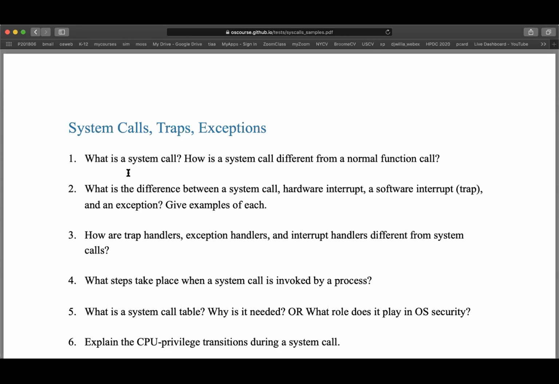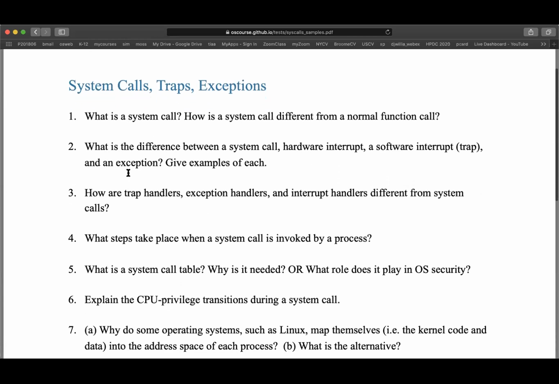When you make a system call, what happens to the process state? What if the process has to block for some event? Then how is that handled? So relating these together, system calls are one of the mechanisms by which OS code is invoked. There are also other mechanisms like traps, exceptions, and hardware interrupts and so forth.